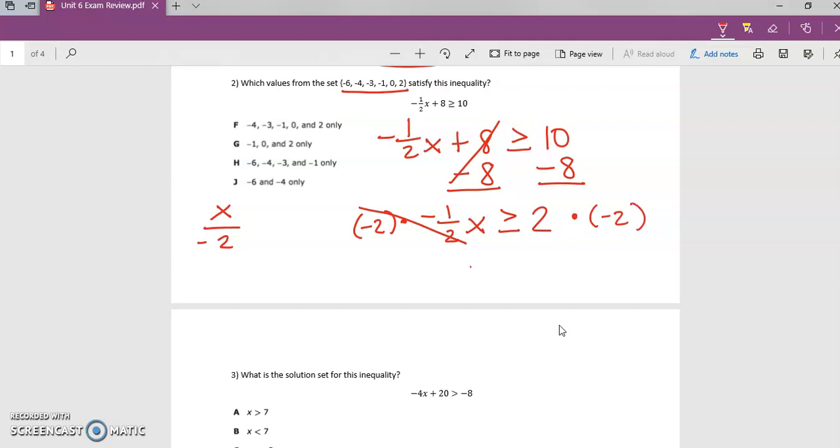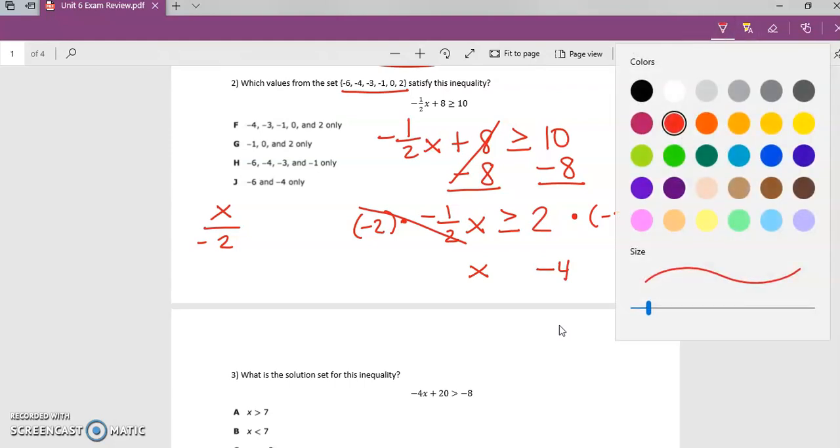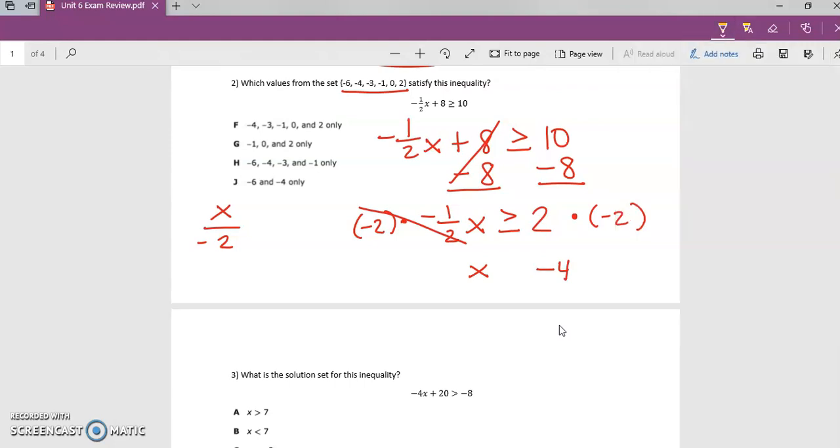So what am I left over with? x. 2 times negative 2 is negative 4. And because this was a negative coefficient, because it was a negative right here, I have to flip the sign over. So instead of greater than or equal to, now it's less than or equal to. So this would be my solution.